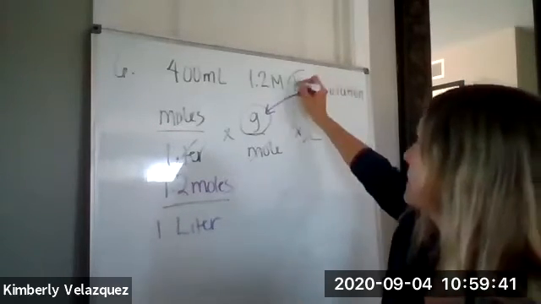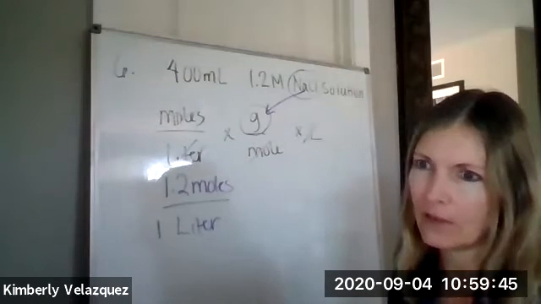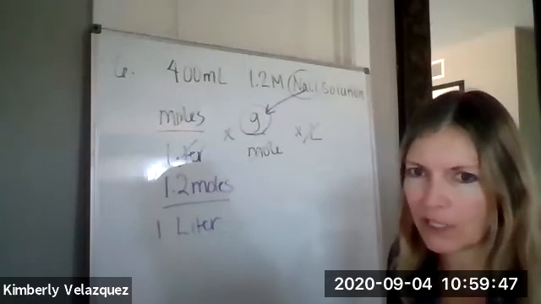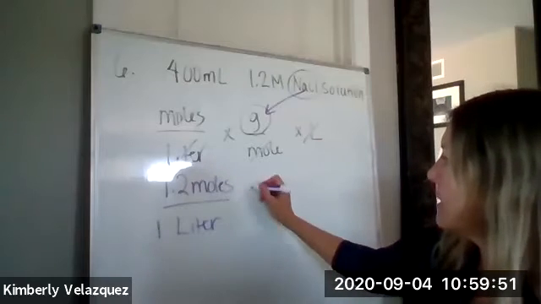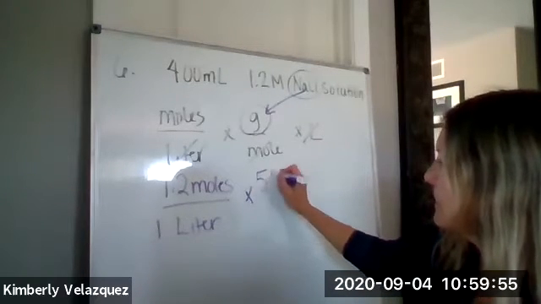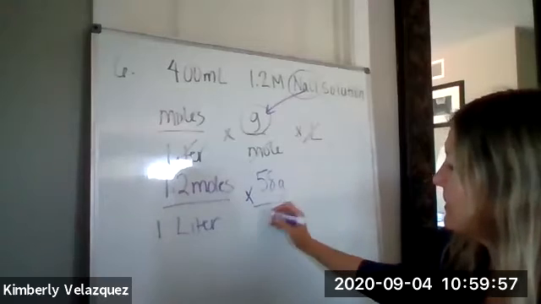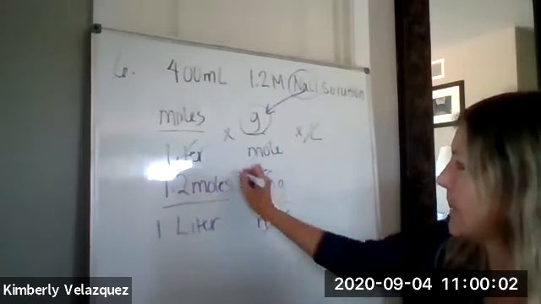So whatever solute this is in the question, you're going to calculate the mole weight. And in this case, for 6 and 7, we've already calculated that earlier in number 1. So we know that 1 mole of sodium chloride weighs 58 grams. So we have 58 grams for 1 mole. And look, now moles cancel out.